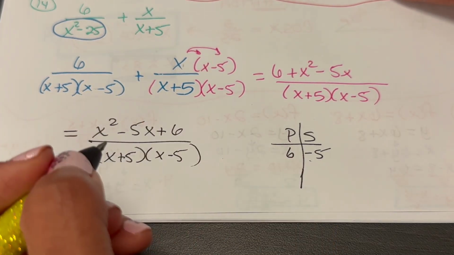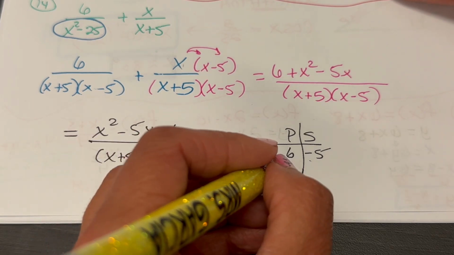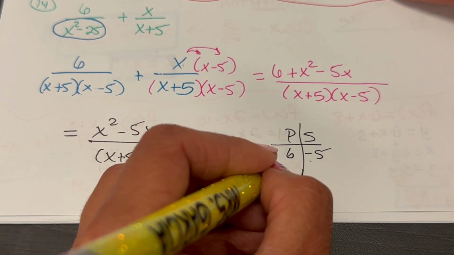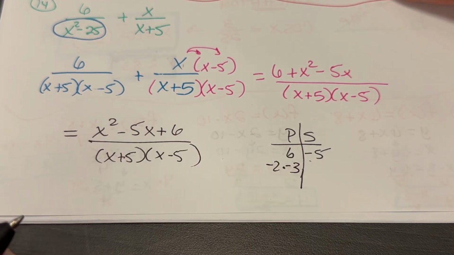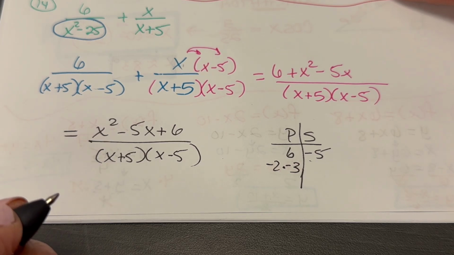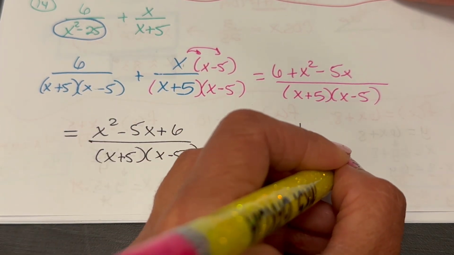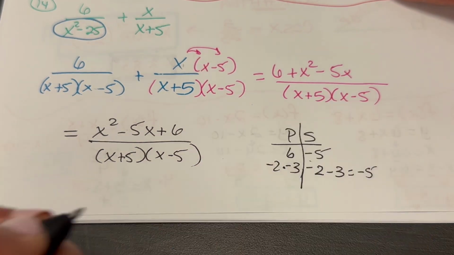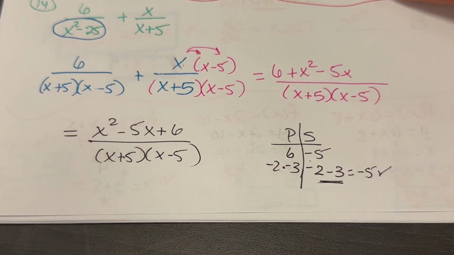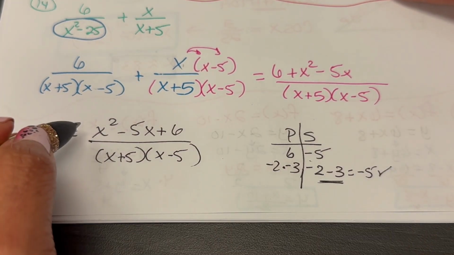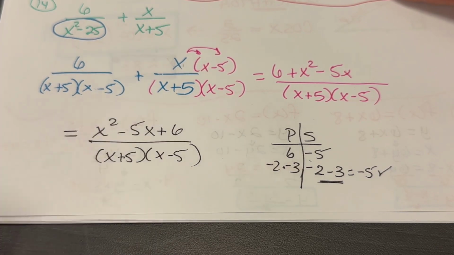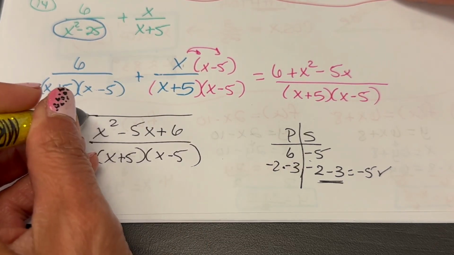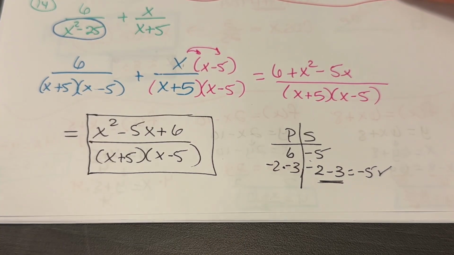So I need two negatives because two negatives multiplied together make a positive. So -2 times -3 would work. That multiplies to +6. And -2 minus 3 adds up to -5. So these are the droids I'm looking for. So that would be x minus 2 and x minus 3, but that's not going to cancel with anything down there. So I'm just going to leave my answer like this. You could type that into the box. And that was number 14.